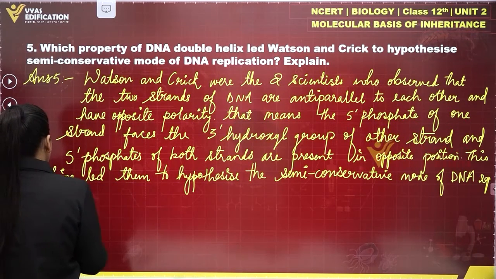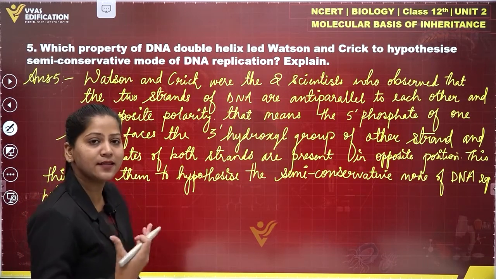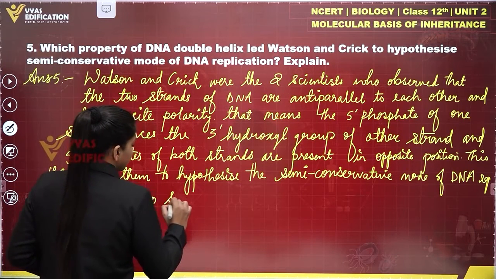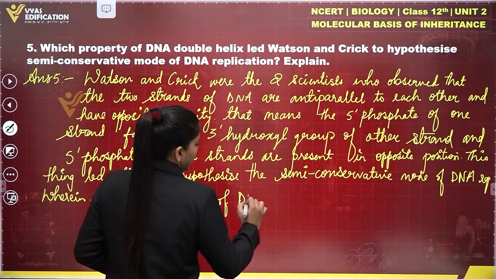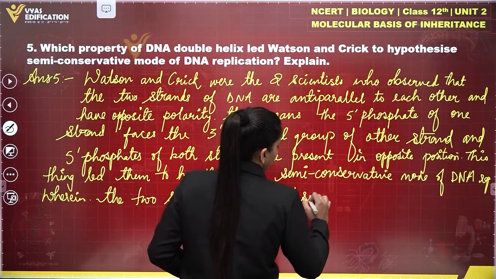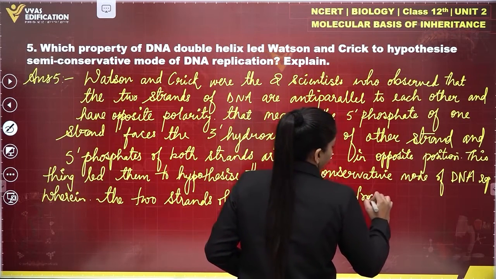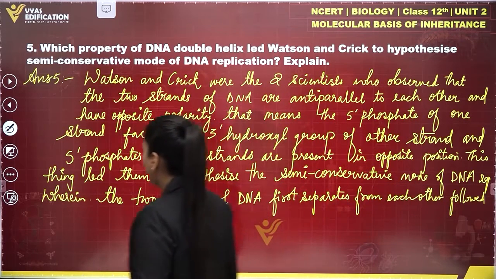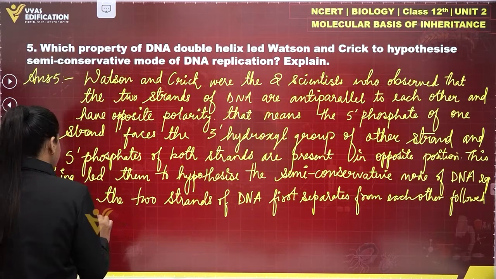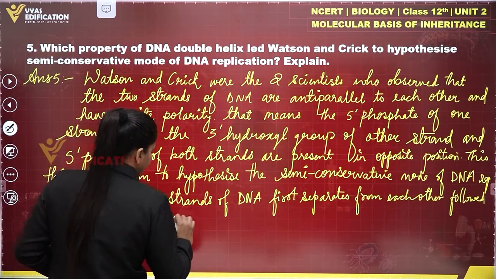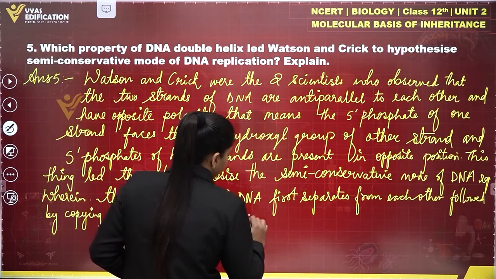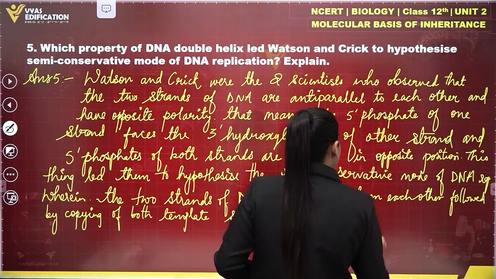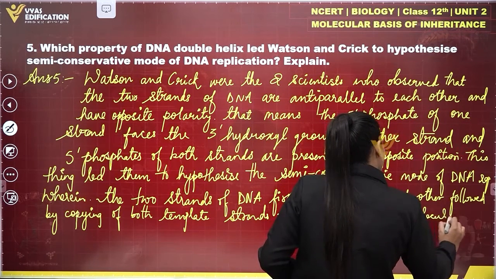Wherein what happens in DNA replication, and why we call the DNA semi-conservative in nature, is because in DNA replication the two strands of DNA first separate from each other, followed by copying of both template strands of DNA, to form two molecules of DNA.